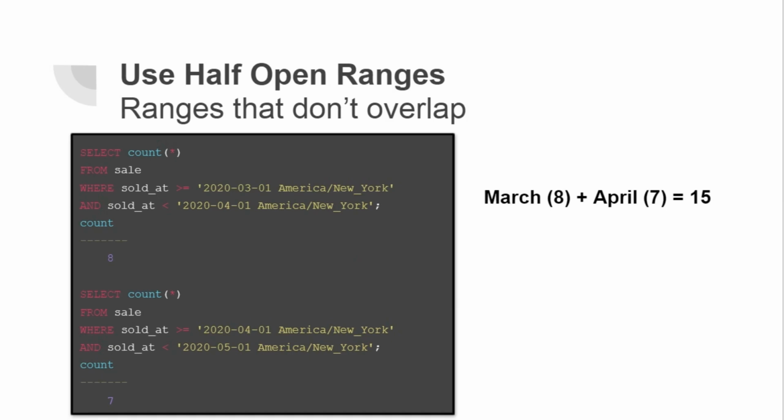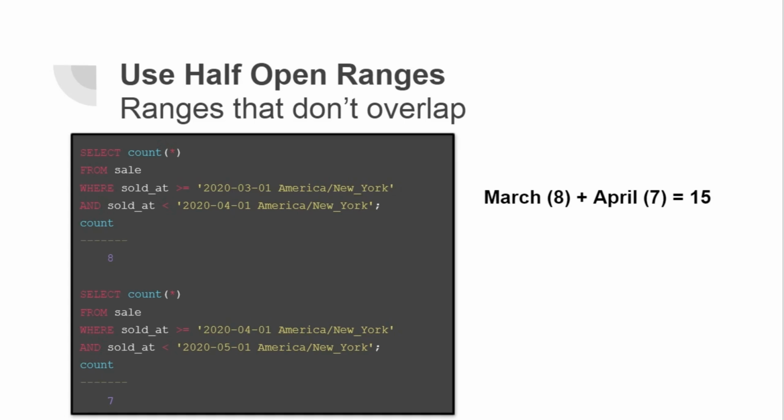The way to avoid this is to use what's known as half open or half closed ranges. Instead of using between, which is inclusive, we can explicitly set the ranges so that they are half open or half closed. In this example, if you look at the top query, we want to count for March.